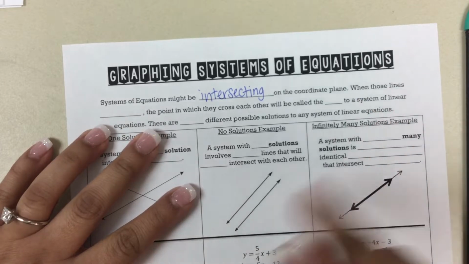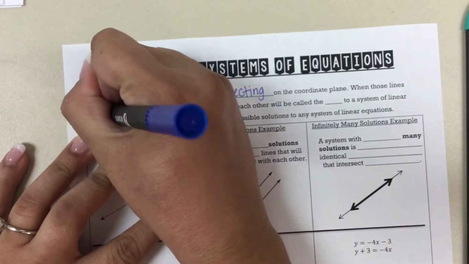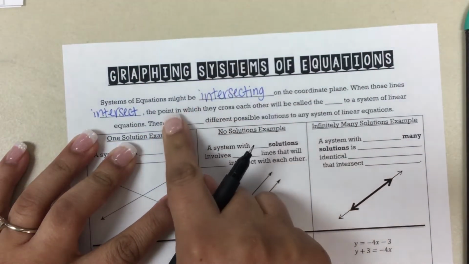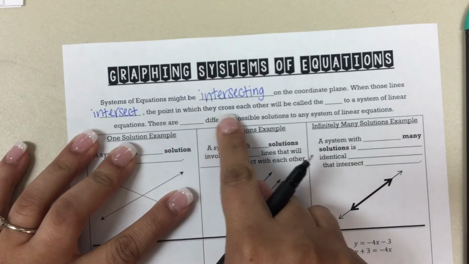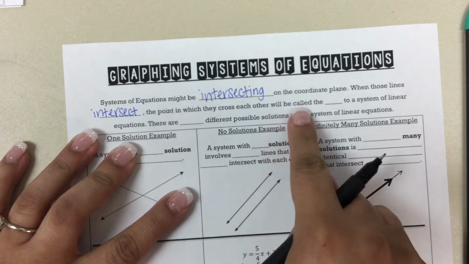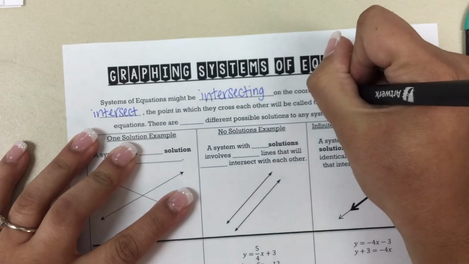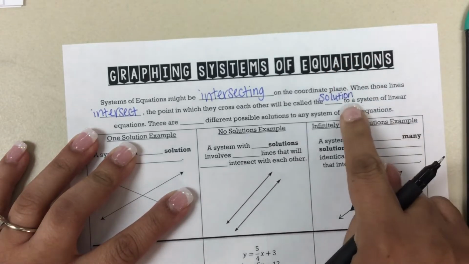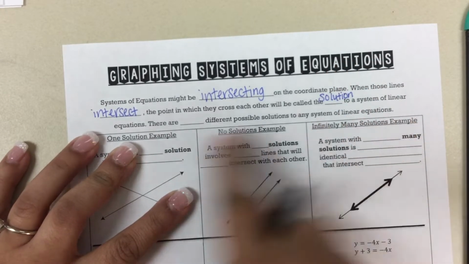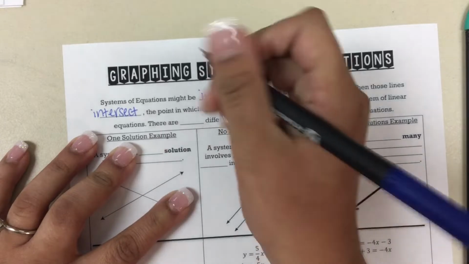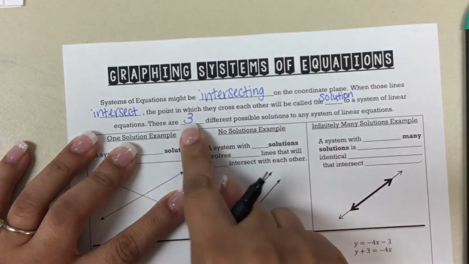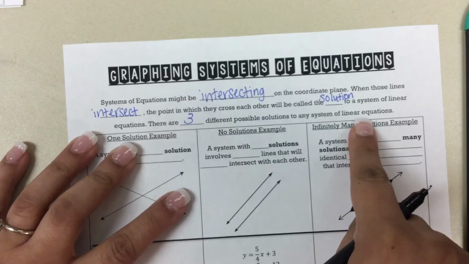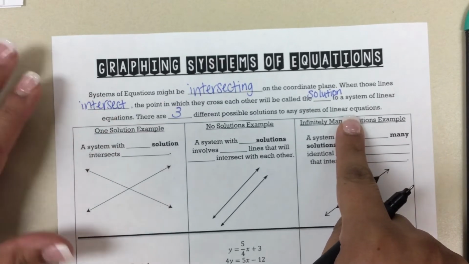When those lines intersect, the point in which they cross each other will be called the solution to a system of linear equations. There are 3 different possible solutions to any system of linear equations. Okay, we talked about these yesterday.